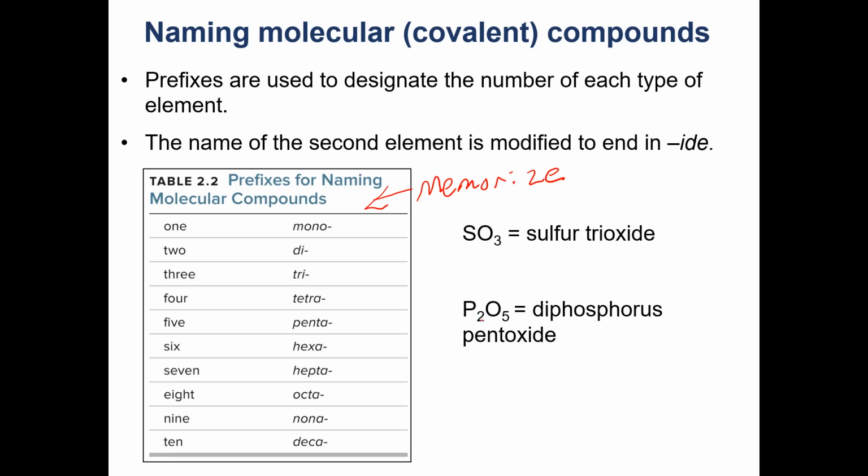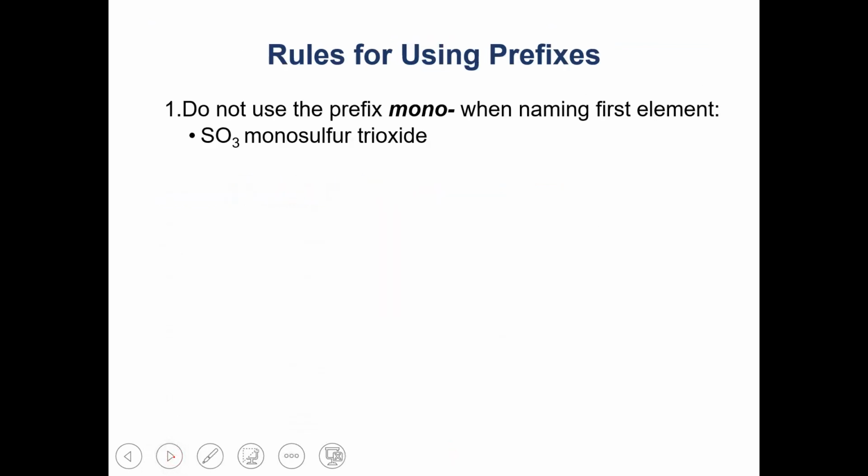P2O5, there are 2 phosphorus, so we call this diphosphorus. 5, the prefix is penta, so we call this pentoxide. Now there are a couple more things to remember about naming covalent compounds.